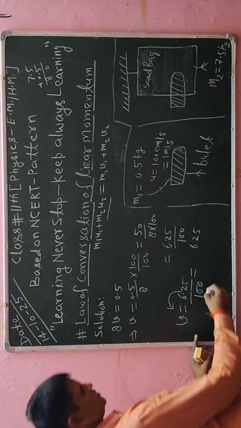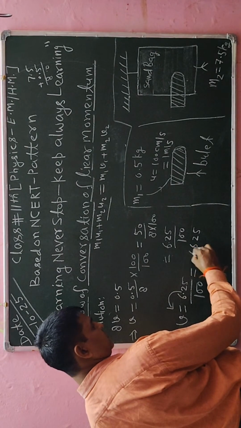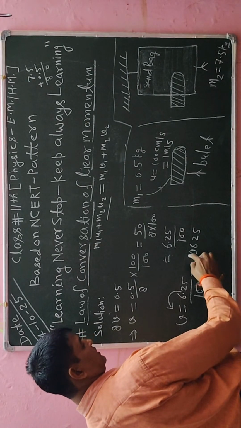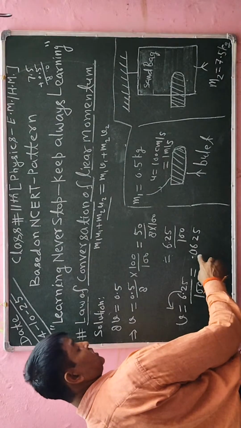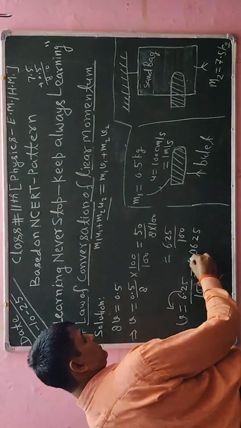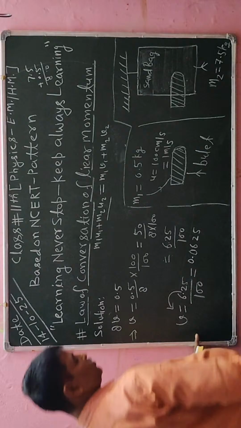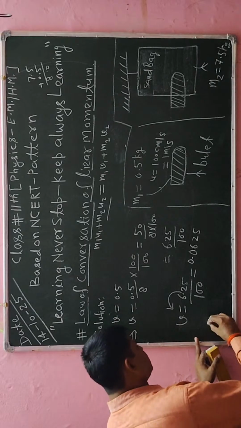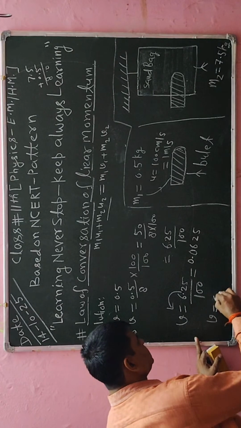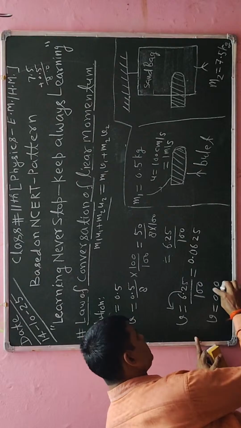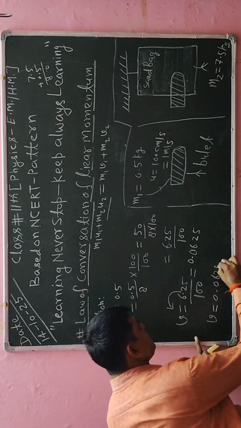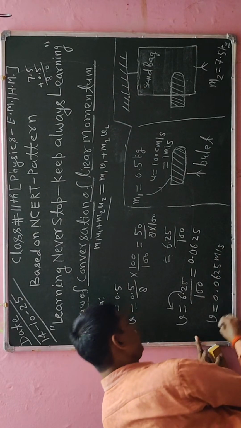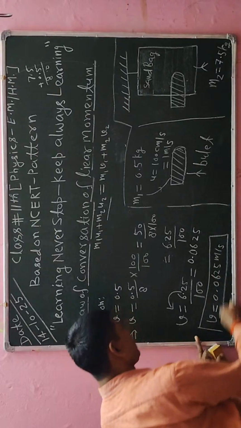One digit, 6, is available, so I will put a 0 there because there is no value. After the decimal place there is no value, so I will put 0 there. So finally v is equal to 0.0625 meter per second. It is coming in the MKS system. Okay, this is the final answer of this question.